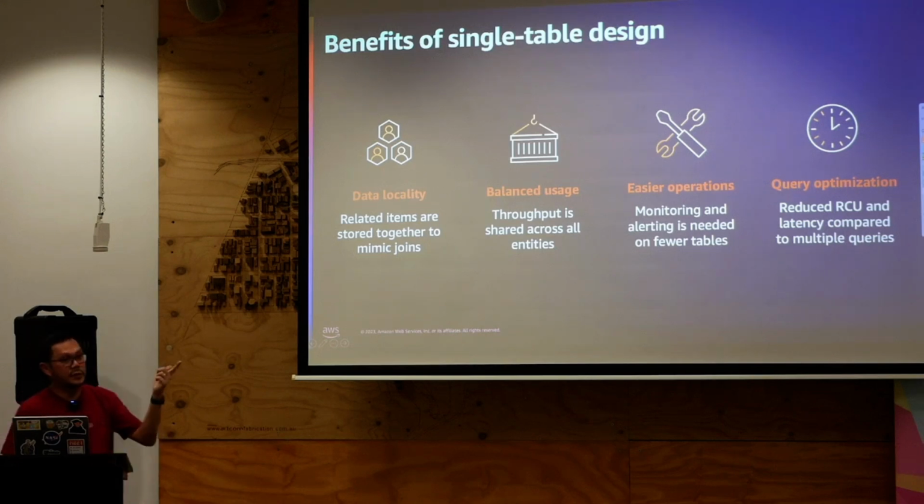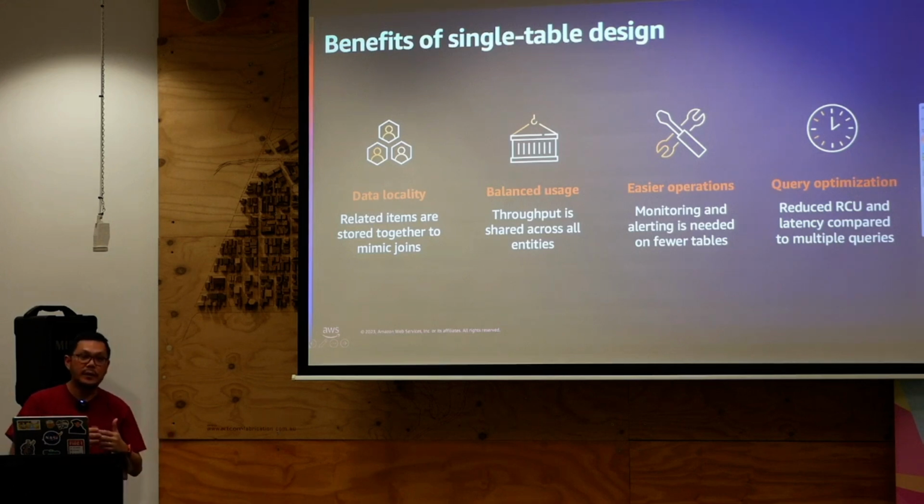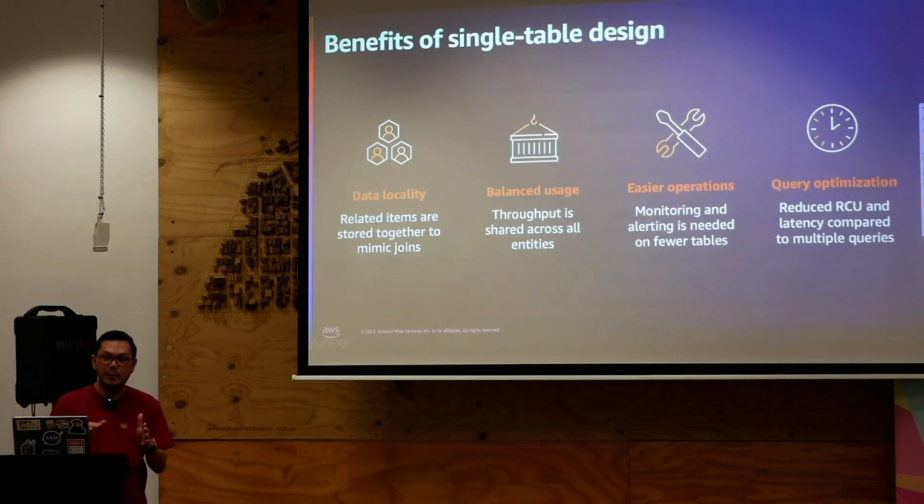And balanced usage. You have different entities with different access patterns, right? If you put everything in 1 table, the traffic will be smoothed out, basically. So you don't have to worry about whether you are under-provisioning or over-provisioning a particular table, because as you use a table, eventually it will balance out.